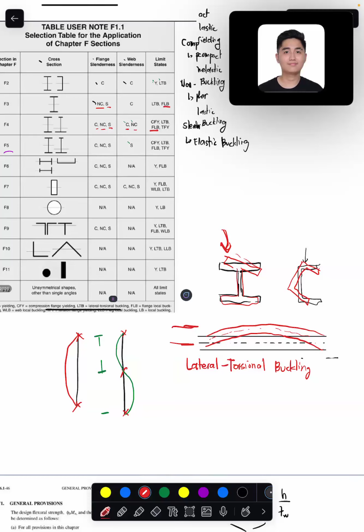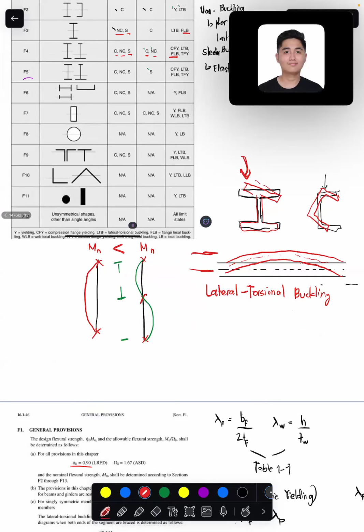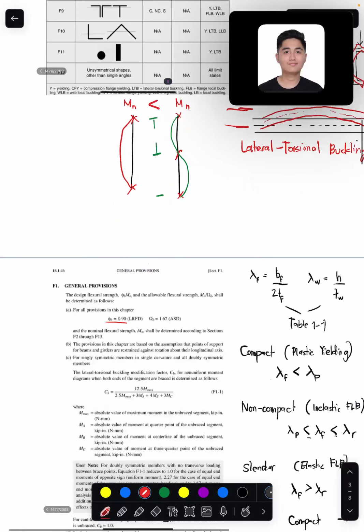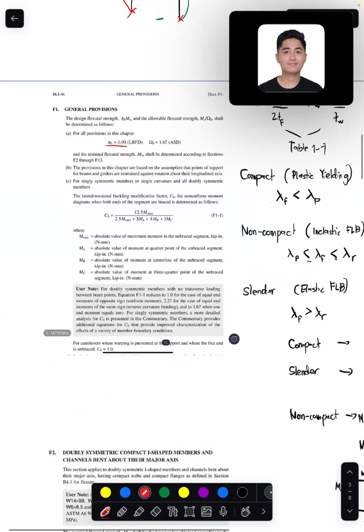So kung meron kang M na makukuha rito, mas malaking M ang makukuha dito, definitely. Para mangyari itong nasa right, kailangan mo ng mas malakas na bending moment kumpara dun sa nasa left. This is where the general provisions of the AISC is really starting to discuss on.